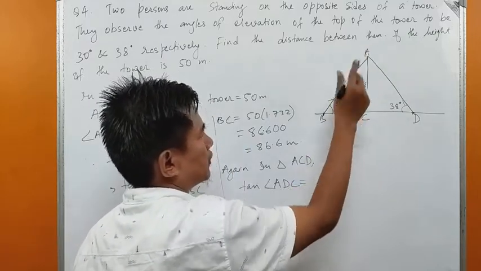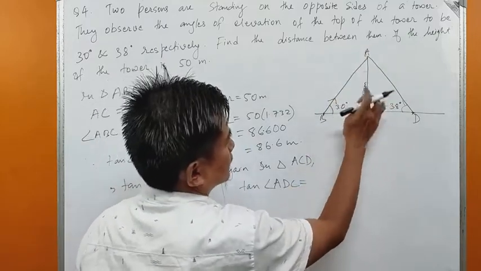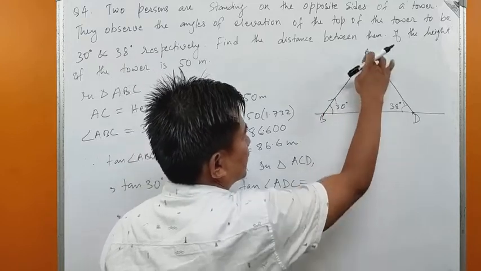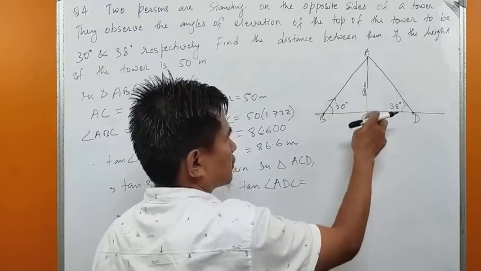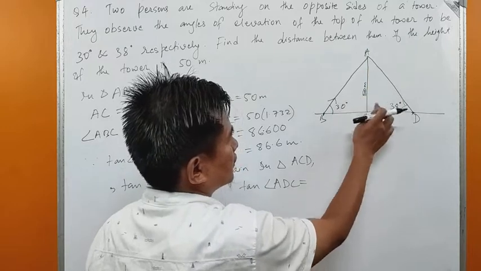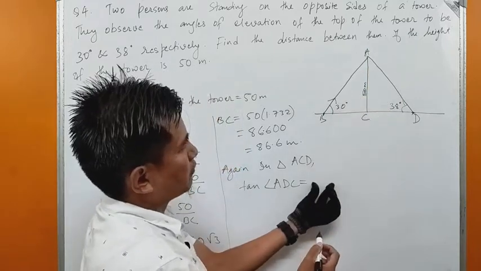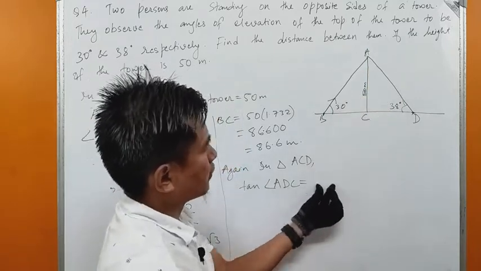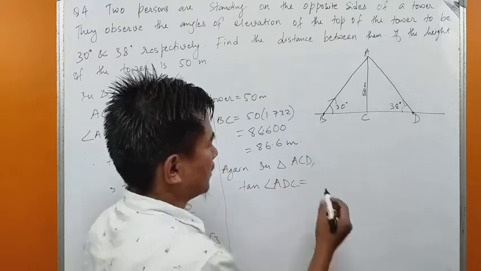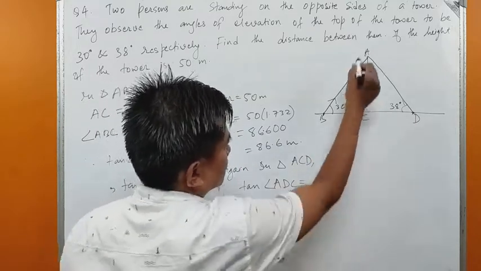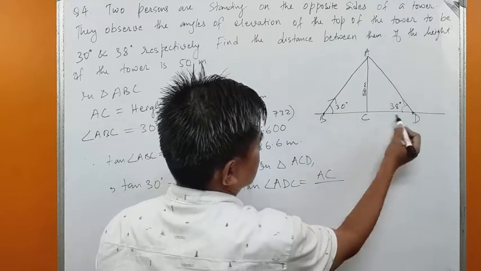AC is common to both the triangles, ABC and ADC. So that is the perpendicular. Perpendicular is AC, upon base CD.